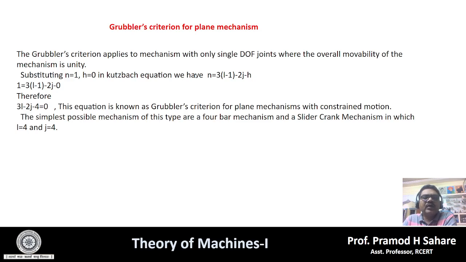This particular equation is known as Grubler's criterion for plane mechanism with constrained motion. The simplest possible mechanisms of this type are the 4-bar mechanism and the slider crank mechanism. I will make another video for the 4-bar and slider crank mechanism afterwards.